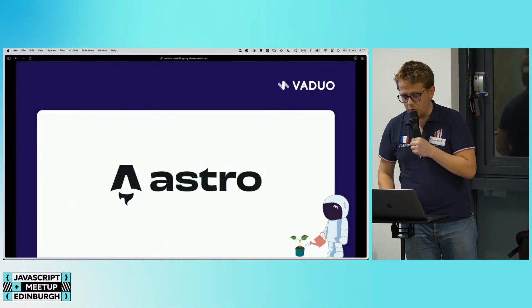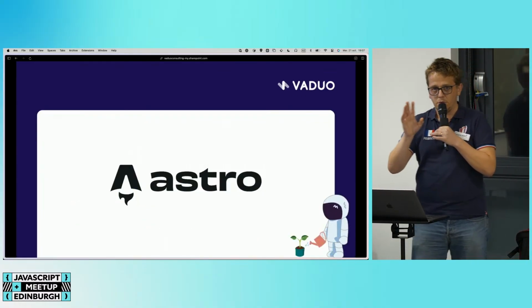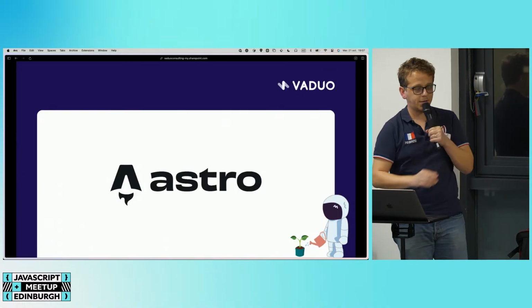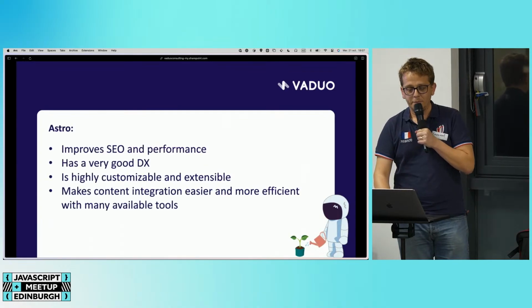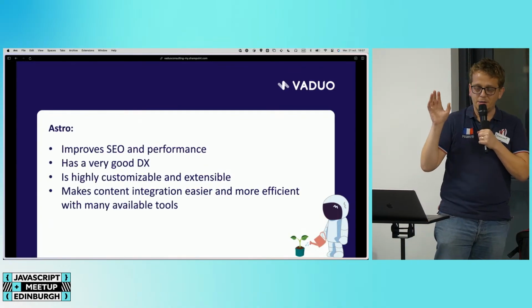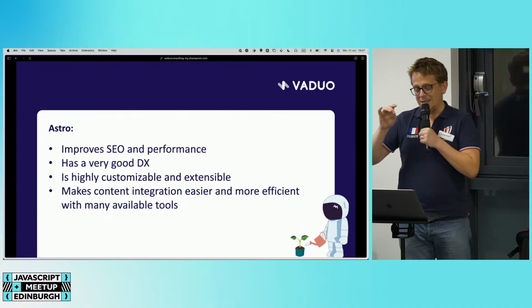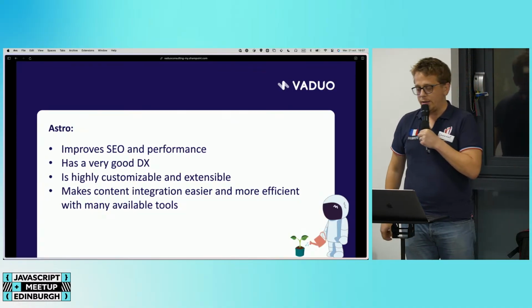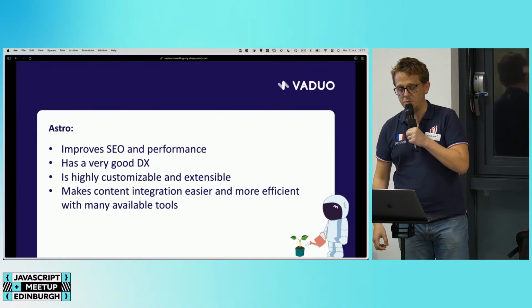So what is Astro? Very quickly, because yesterday I had 30 minutes and thanks, I now have 20 minutes. Astro is an open source static site generator. You build components and it will generate fully static HTML files.